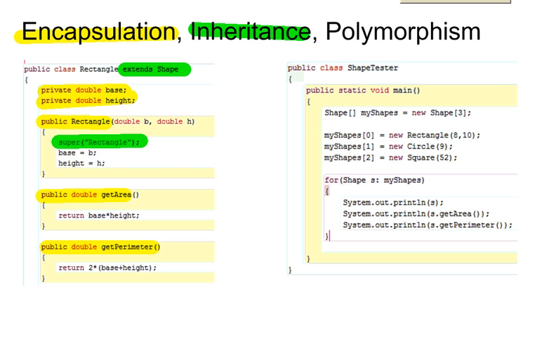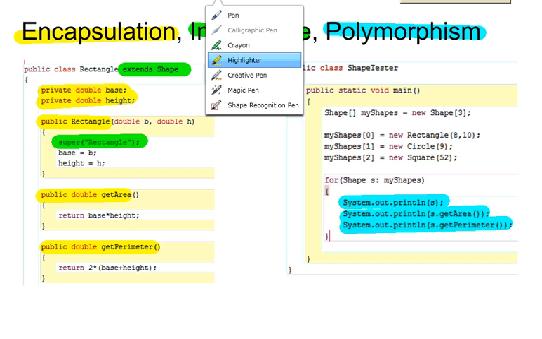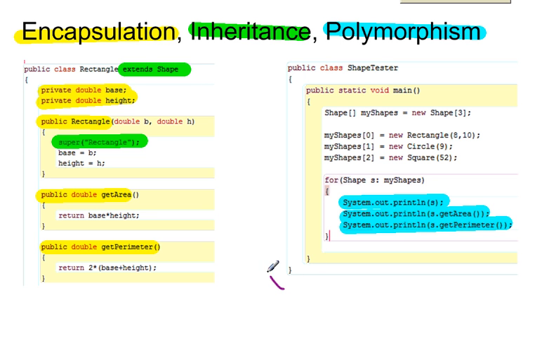And then lastly, polymorphism. Where we really see polymorphism in play is right down here. You'll notice in this code I've got shapes, which has a rectangle, a circle, and a square. And yet right here, I can call the same method for all three, even though they're different kinds of objects. So that probably needs a little more notes. So let me just add that in here.